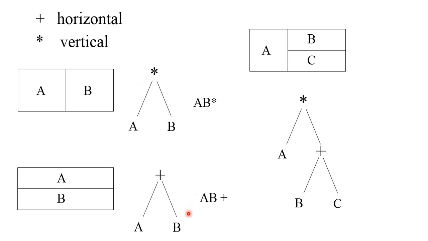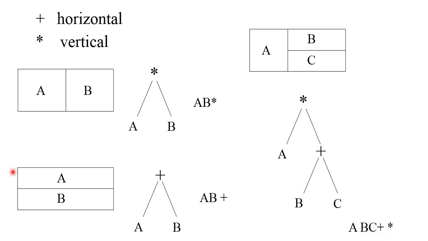And suppose A B plus. How can we represent this one? First B and C are plus. And after that, the total entire is the star symbol.